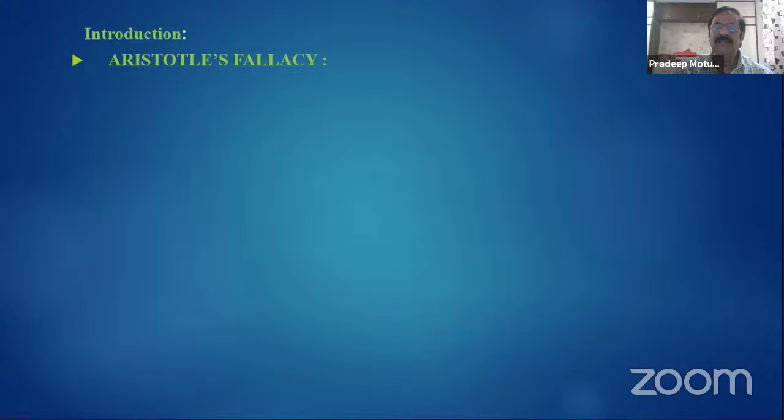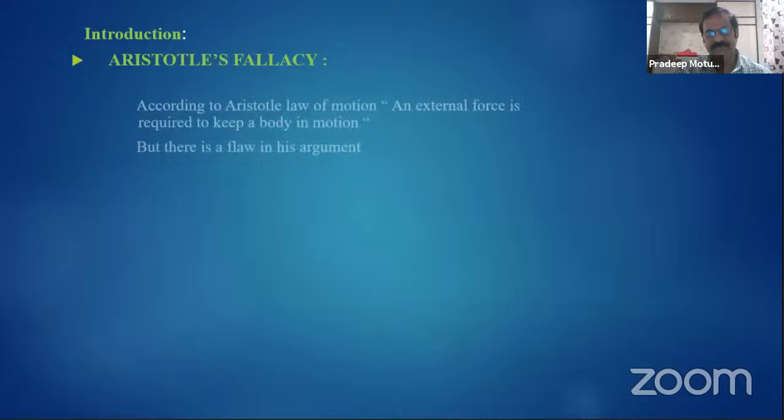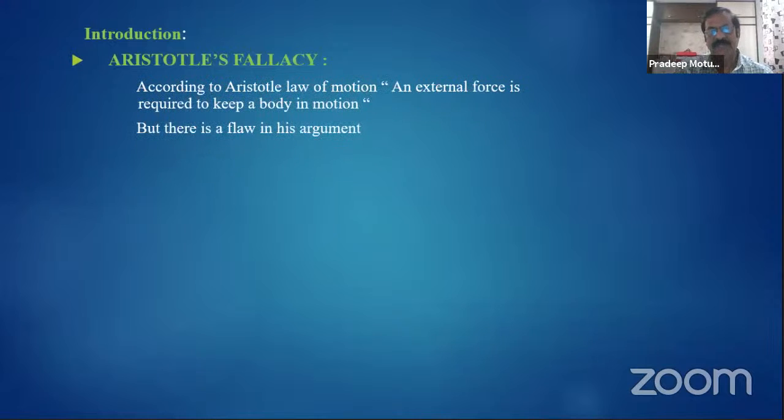After some time it will stop, means he phrased that a continuous external force is required to make the body into the motion. But it is the flaw. There is a flaw in his argument. So we will discuss later in the same chapter.